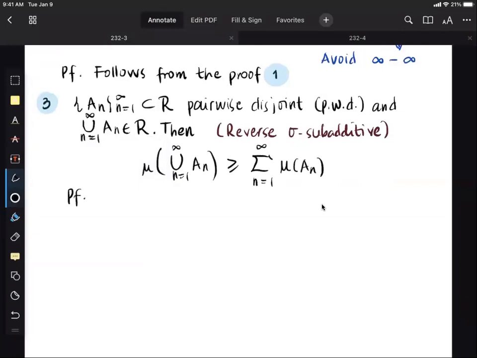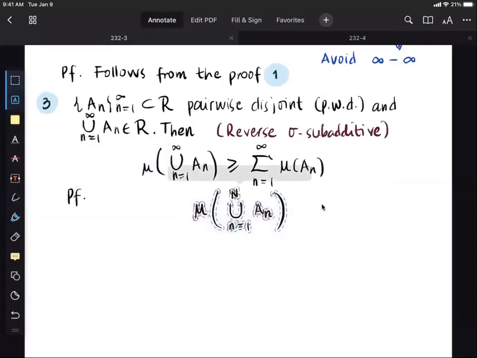Okay, so we start with taking only a finite number of sets in the union. So in particular, let us take the union from some positive integer capital N and take the content of this union.